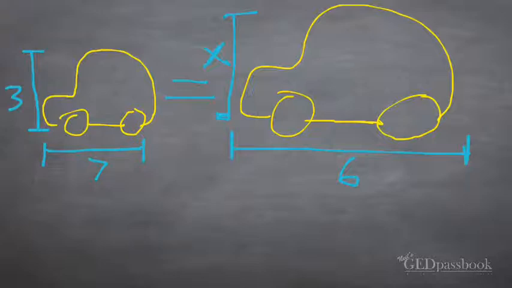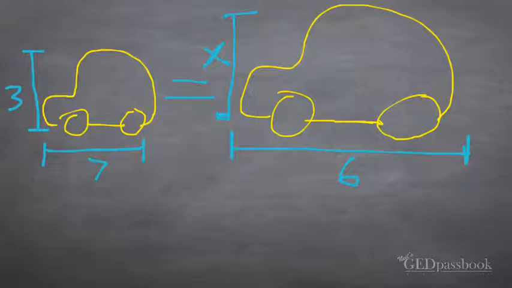This is a traditional proportion problem. Find the missing number when given one whole ratio, 3:7, and given a piece of the other ratio.